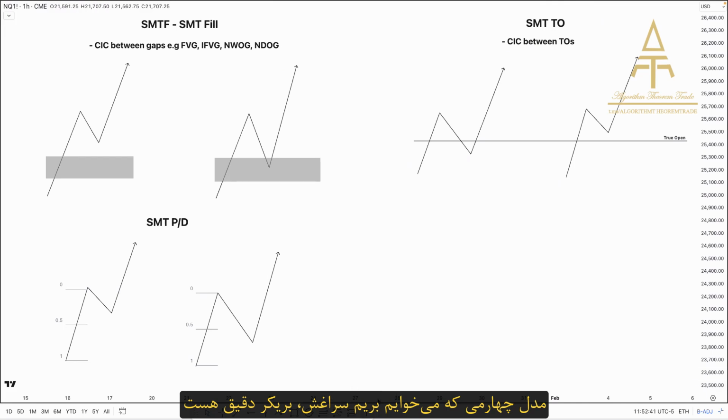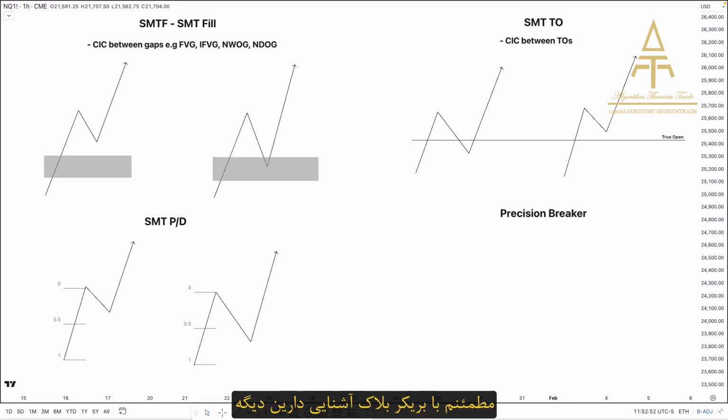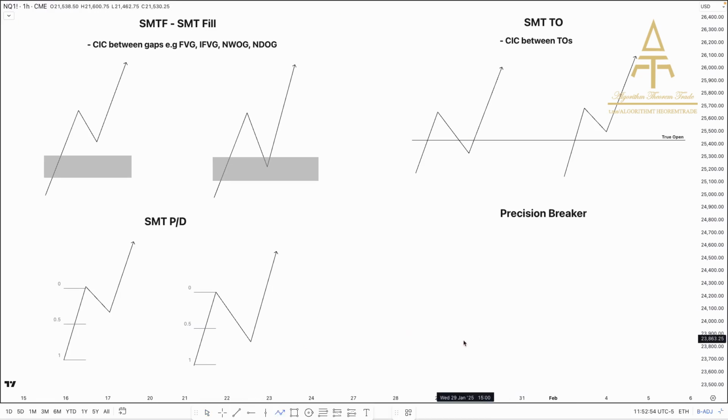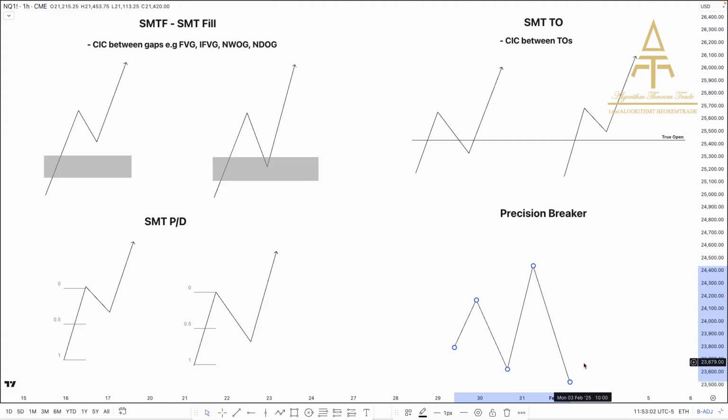And then the fourth one will be a precision breaker. I'm sure you know what a breaker block is. We have a high, a low, a high, and then a lower low.